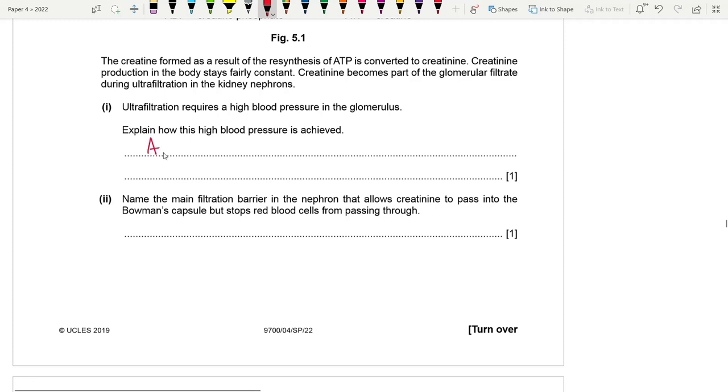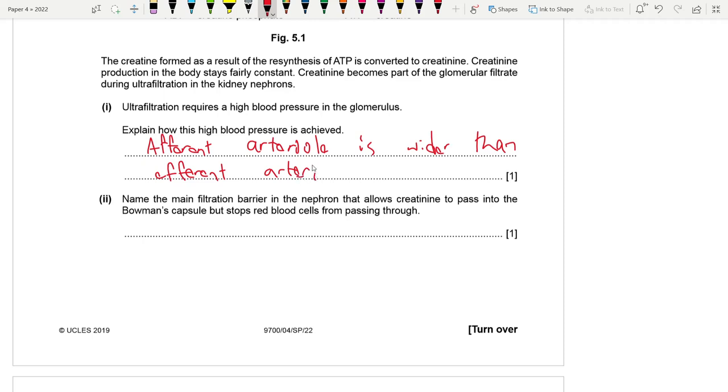Mainly, the afferent arteriole is wider than the efferent arteriole, or you could say that the efferent arteriole is narrower. So this leads to the high pressure, okay?